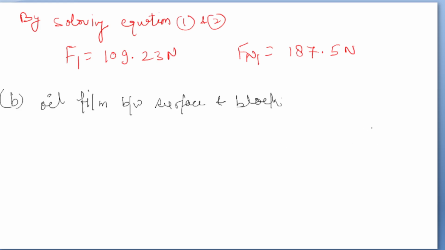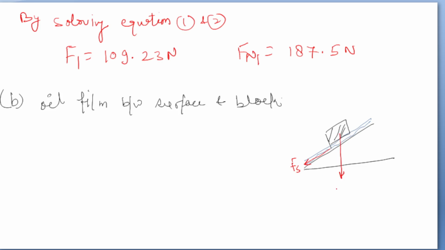If we draw the FBD, there is an oil film and this is the block. Because of the oil film there is a shear stress, and due to the shear stress there is a shear force in this direction.